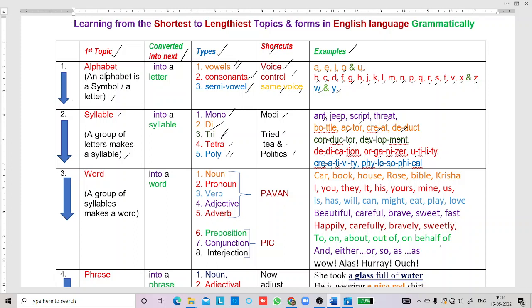Next, let's go to the next topic, word. Now what is a word? A word is a group of syllables. A group of syllables makes a word.